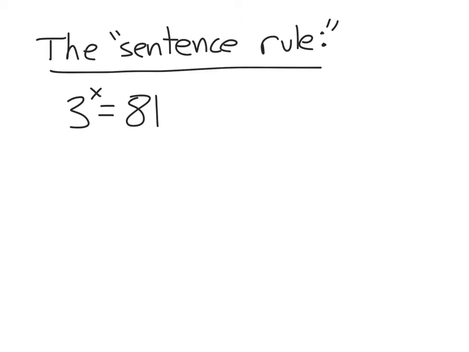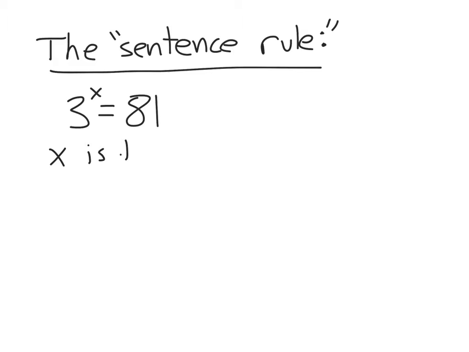is really doing. So the way that I look at any exponential equation like this is that I read it in this way. I say x is the exponent on 3. And I'm going to write that down for you this first time. Most of the time I'll just say it out loud, but this time I'm going to write it down so you can really see how this works.